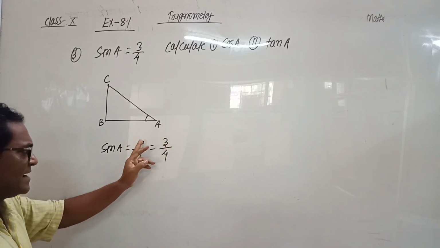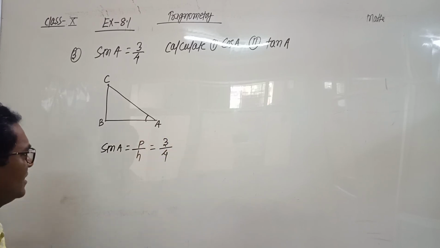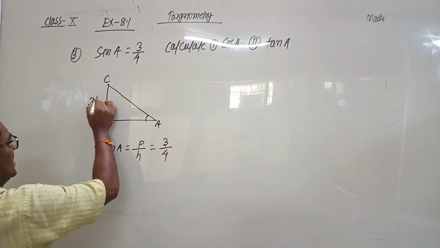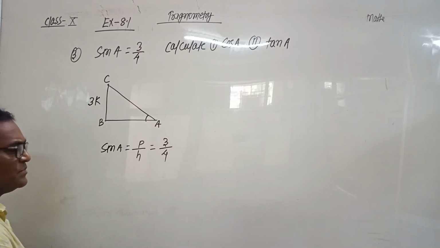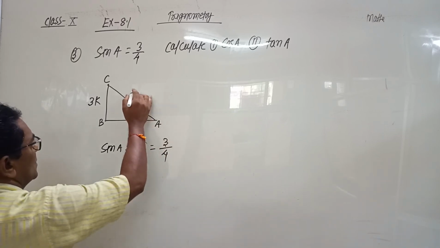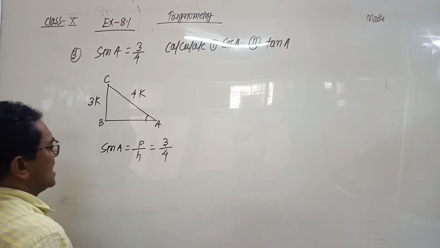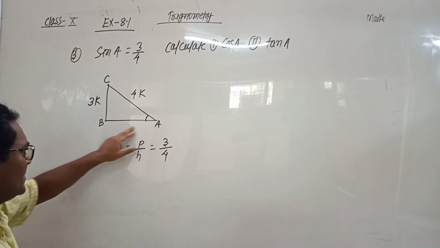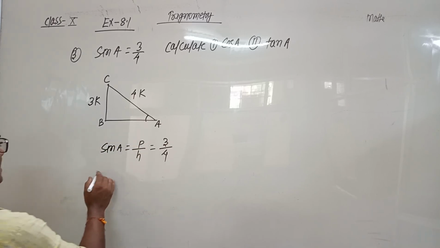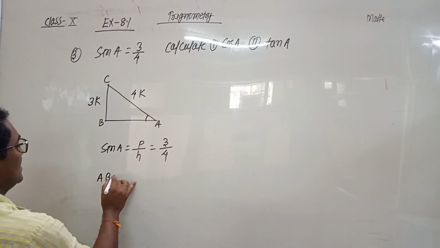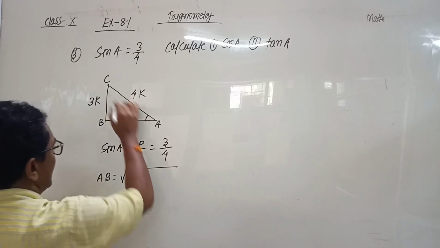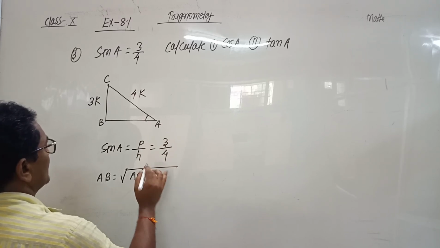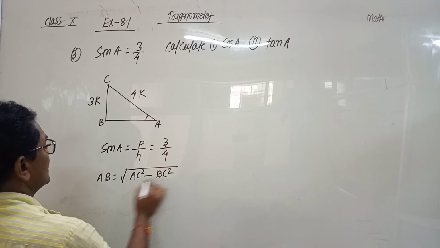We can't say directly that the value of perpendicular is 3, but we can write the perpendicular as 3K, because this is the ratio of P upon H, and the hypotenuse is 4K. Then we calculate the base. AB equals the square root of hypotenuse square, meaning AC square, minus perpendicular square, meaning BC square.